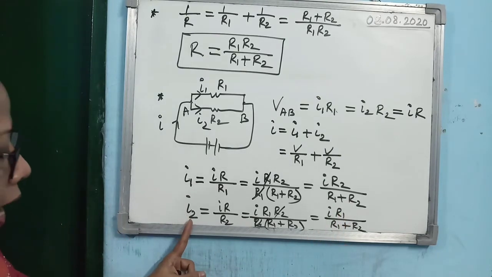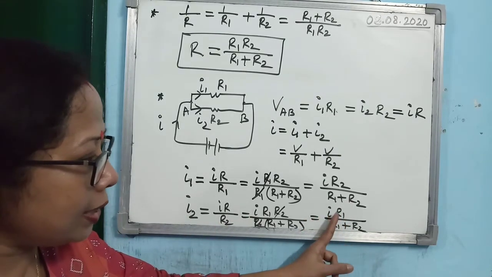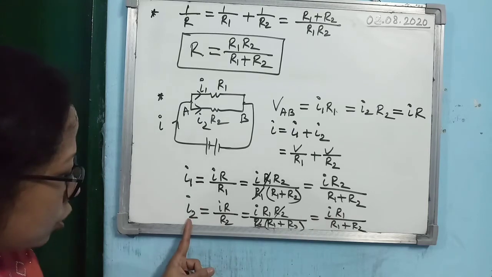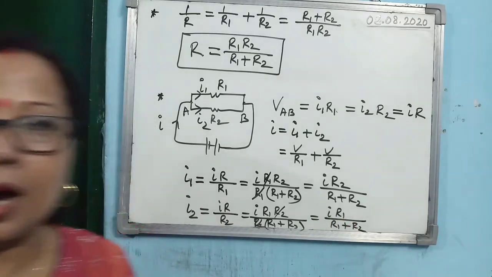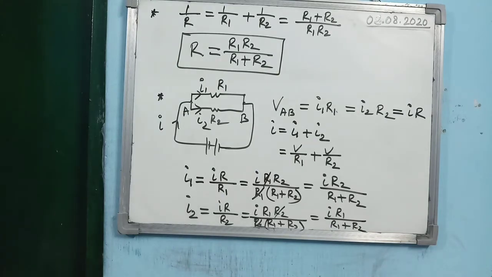Like that, I2 is equal to the total current into R1, but the denominator is the same, R1 plus R2. So these are the relations. If you want, you can remember them. But while solving numericals, you can directly apply these, or by applying the first line I have written, VAB is equal to I1 R1 equal to I2 R2 equal to IR, you can solve it. Thank you, girls.